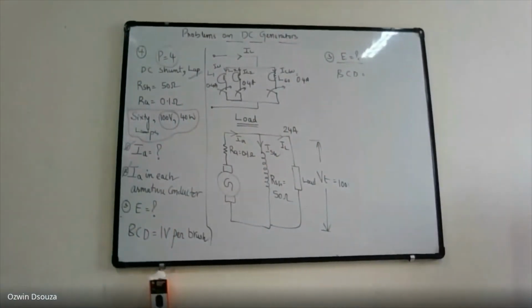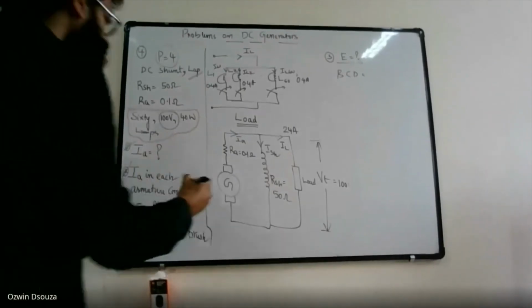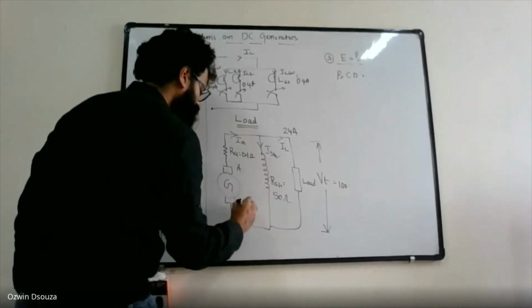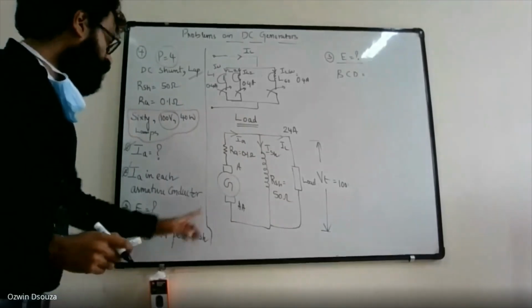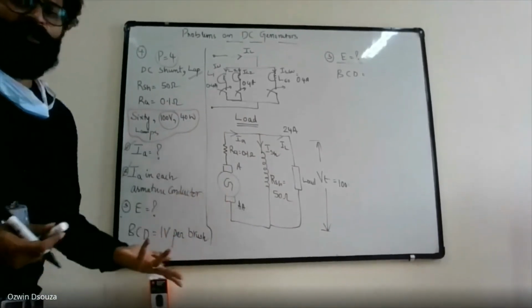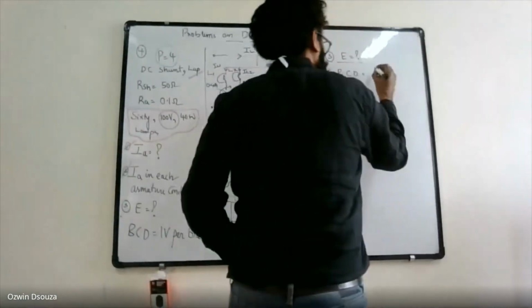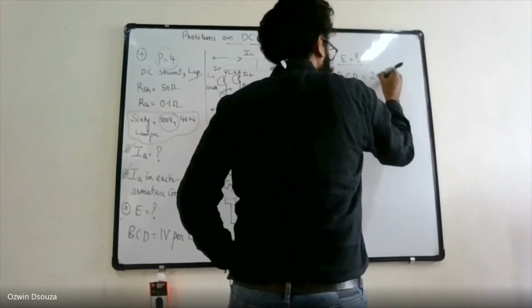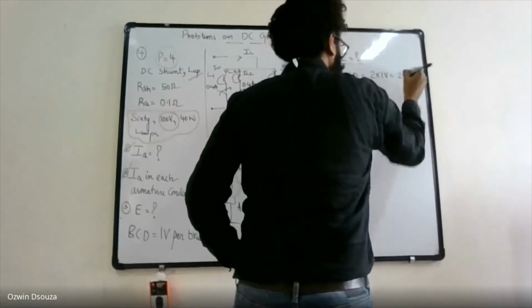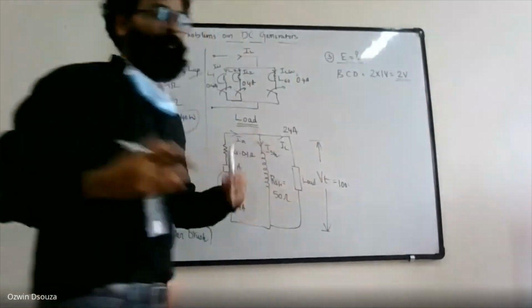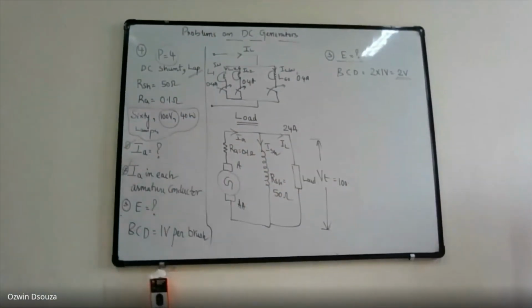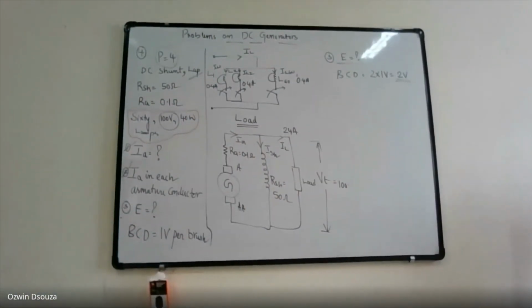They told us to take 1 volt per brush. Usually, we take a pair of brushes. For 1 brush it is 1 volt, for 2 brushes it is 2 volts. So the brush contact drop is 2 into 1 volt, which is 2 volts, because we use a pair of brushes.